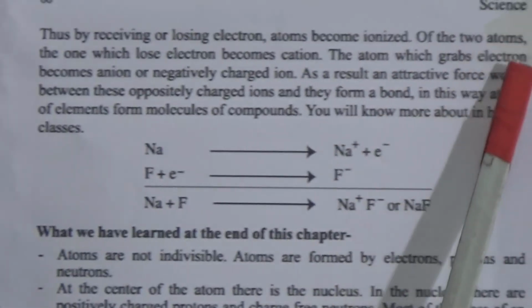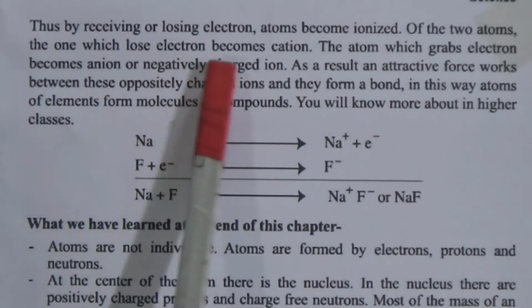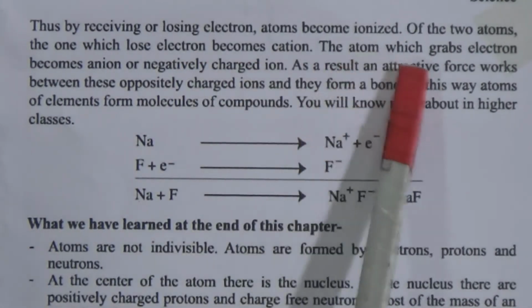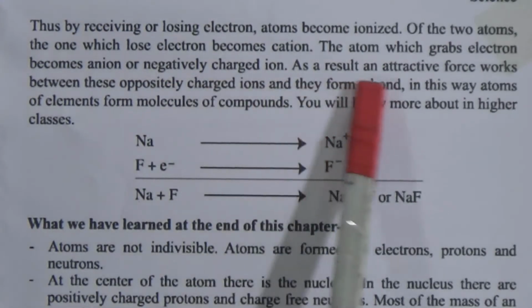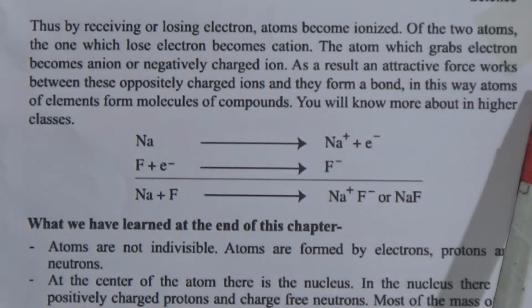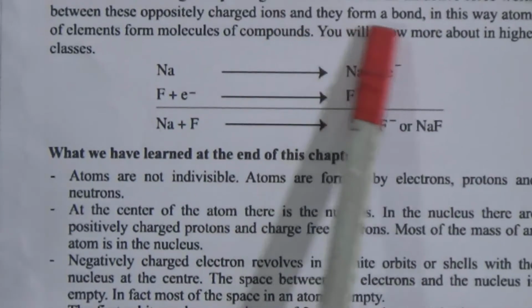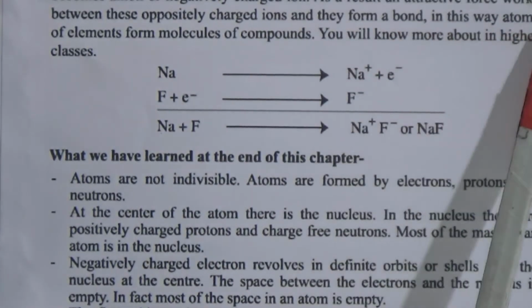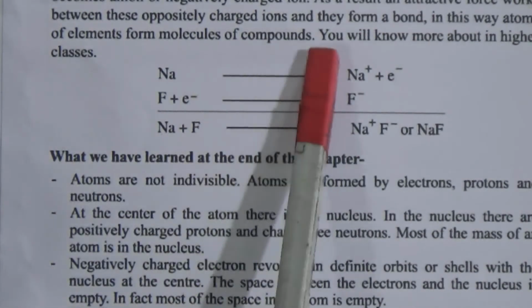Thus, by receiving or losing electrons, atoms become ionized. Of the two atoms, the one which loses electrons becomes a cation and the atom which grabs electrons becomes an anion, or negatively charged ion. As a result, an attractive force works between these oppositely charged ions and they form a bond. In this way, atoms of elements form molecules of compounds.